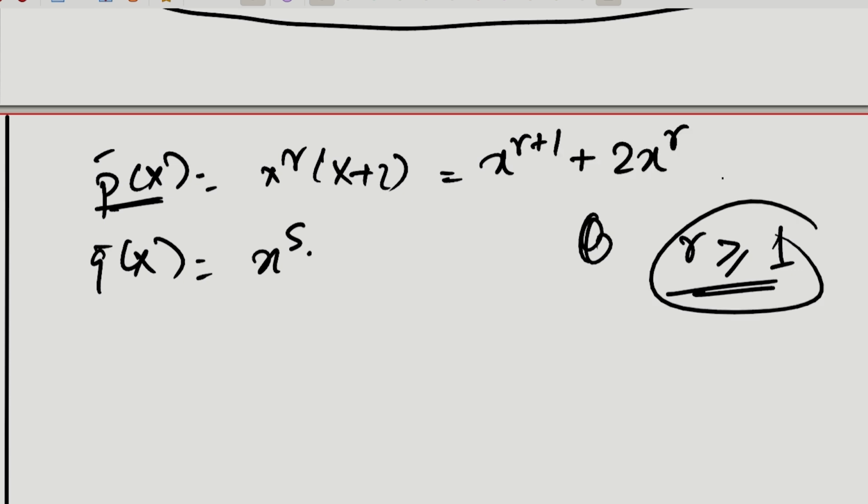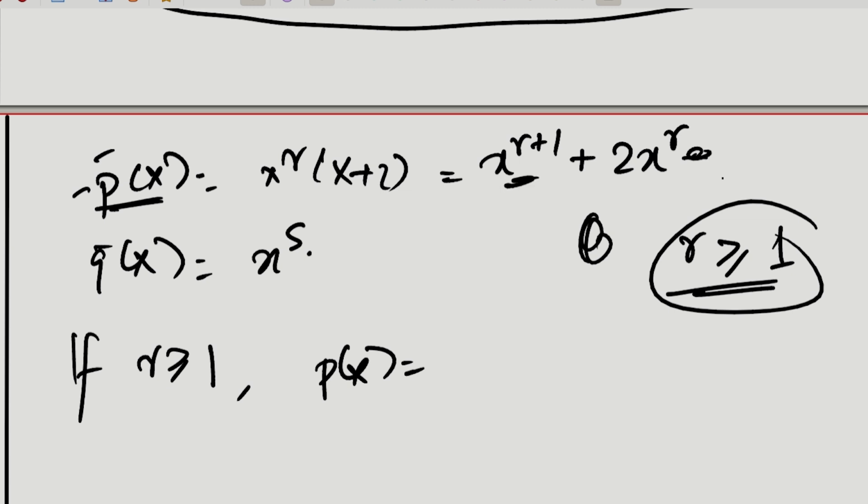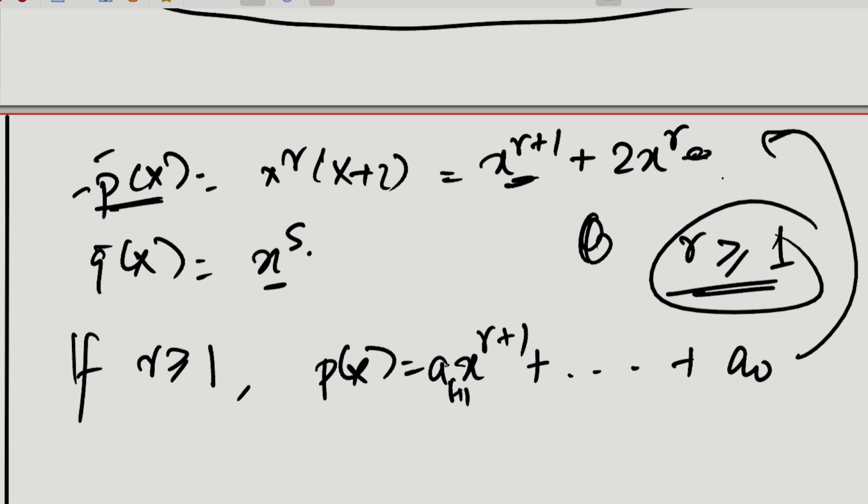If r is not 0, then this implies that the constant term of both p and q in the original versions are divisible by 3, right? If r is greater than or equal to 1, say px was originally some polynomial of degree r plus 1, right? The degrees won't change. Some a sub r plus 1 x to the r plus 1, blah, blah, blah, a sub 0, such that after I reduce mod 3, that a0 vanished, which implies that 3 divides it, just like it happened in the Eisenstein proof's case.